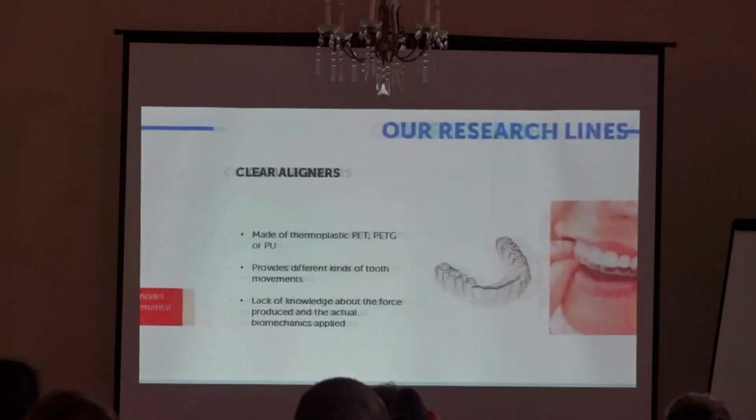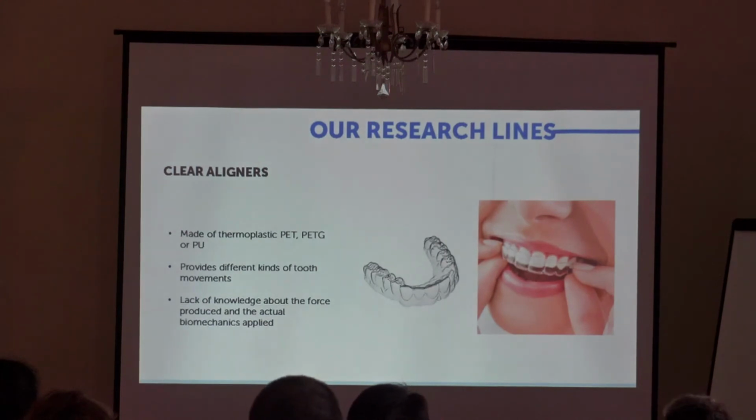And so I will, at this point, show you our main research lines in orthodontics. Nowadays, we are studying clear aligners a lot. Every year, the number of patients treated with this kind of appliance is increasing, because there is a great demand from adult patients who want a nice smile with an appliance that is not visible and is more comfortable.